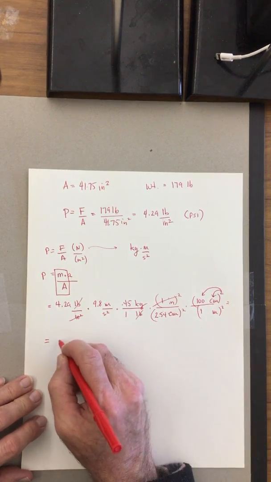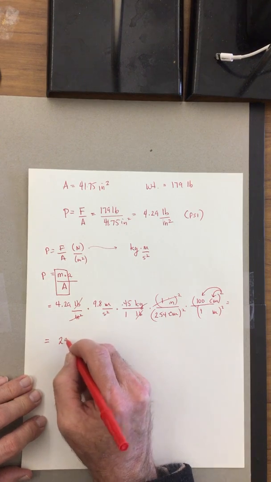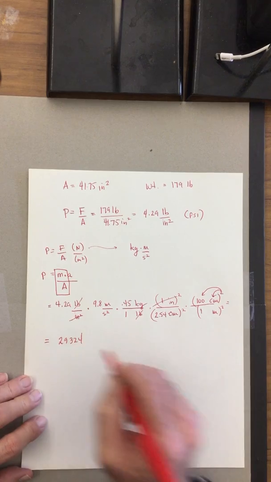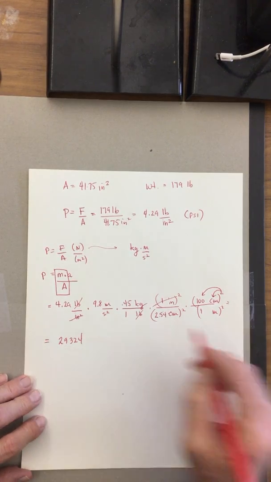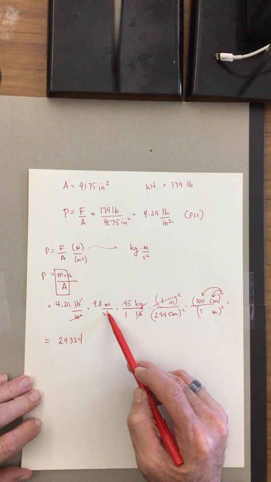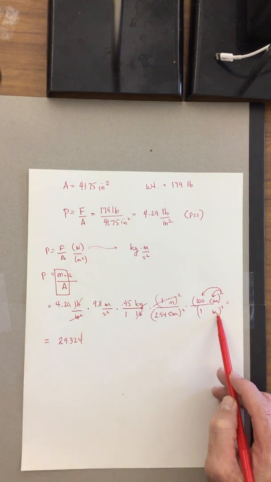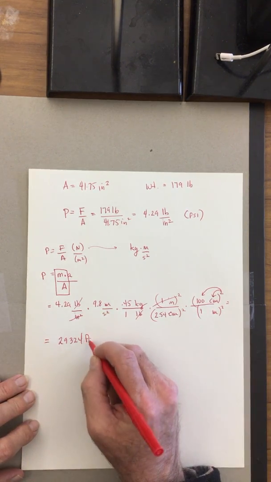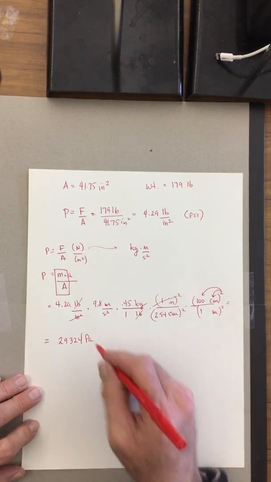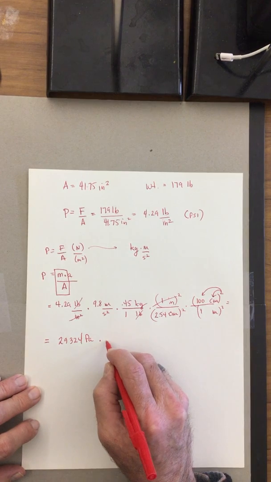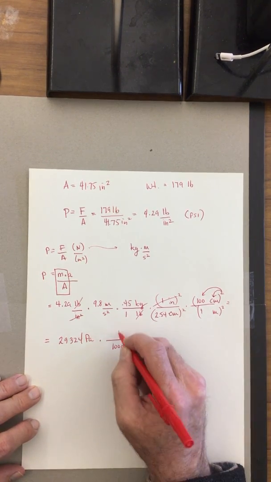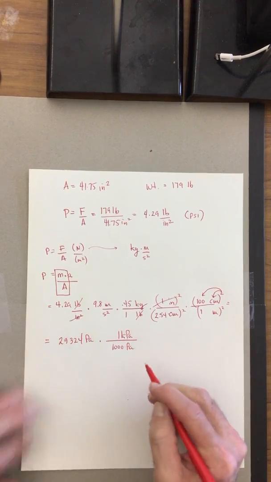And I end up getting 29,324, and I'm left with units of kilograms, meters per second squared, which is a Newton, all over meters squared. This gives me my Pascal, which is newtons per meter squared. We can also convert this into kilopascals, and we have 1,000 pascals is equal to 1 kilopascal.